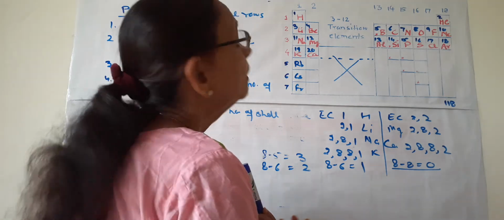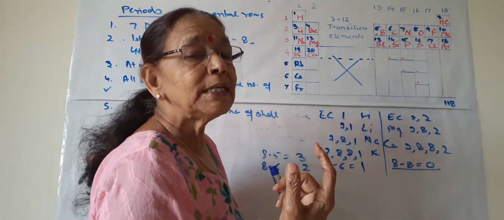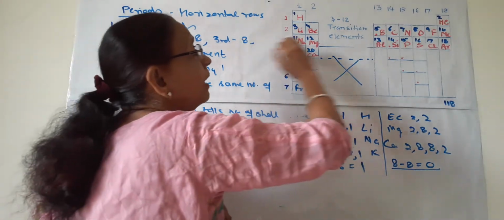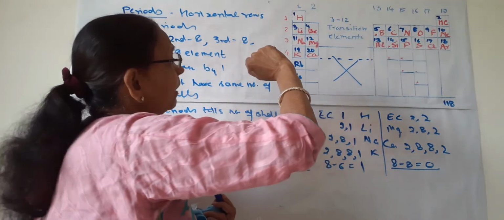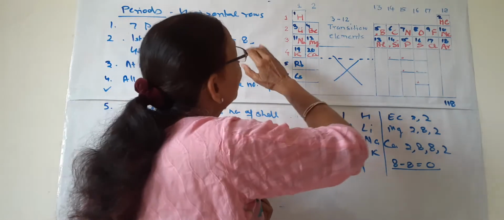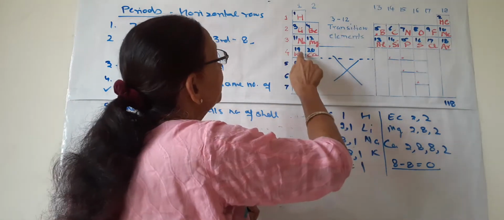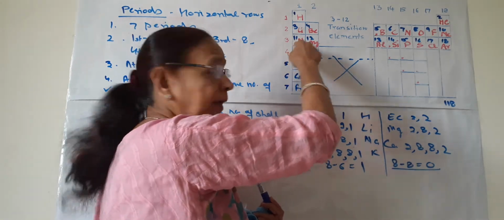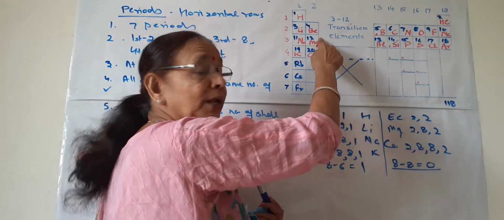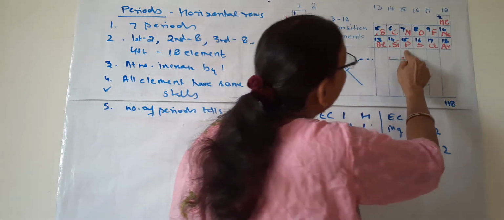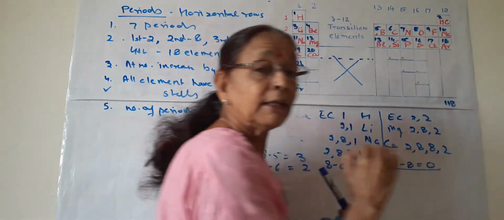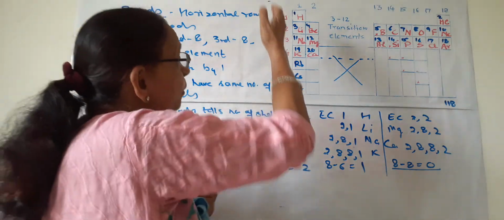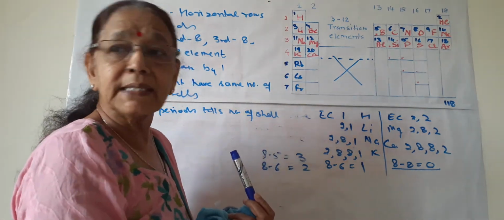Now we should know about the valency and valence electrons. What is the number of valence electrons as we go from left to right? Suppose I take this third period. Here the valence electron is 1, as we have just seen. Here valence electrons are 2, 3, 4, 5, 6, 7, 8. In a group, we have seen the valence electrons are the same.